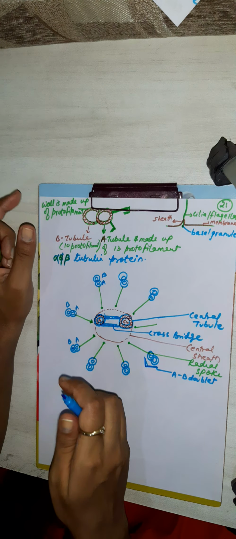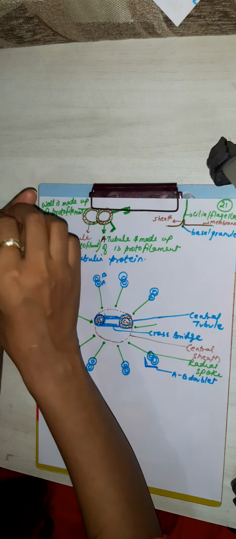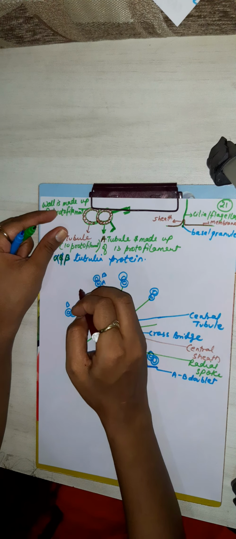Now it will be joined with the help of the AB linker. Now I will draw the AB linker.